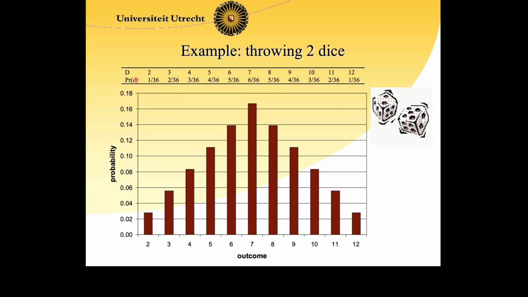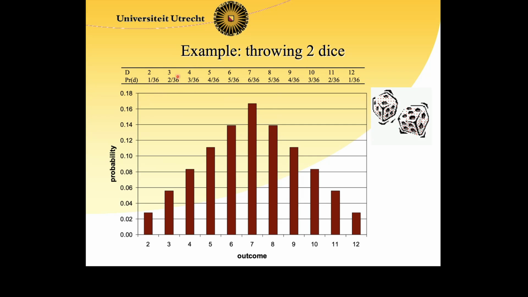And we can attach a probability to each outcome because we can reason it out. For instance, what's the probability that the outcome is 2? Well, then one die has to have the number 1 and the other die the number 1 as well. So the probability is 1 over 6, and assuming that the outcomes are independent, 1 over 6 multiplied by 1 over 6 is 1 over 36.